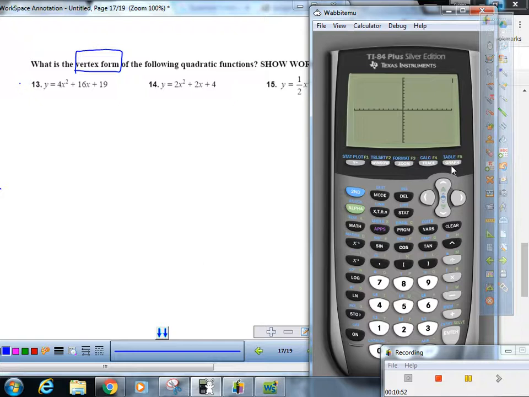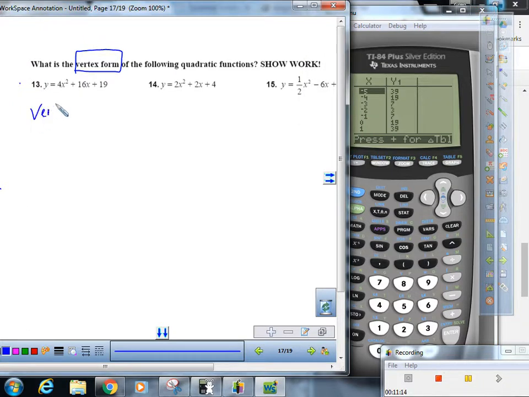Now what we need to do is find a point on the graph and the vertex of the graph. So notice the vertex is its lowest point because this parabola was facing up. So the vertex is -2, 3.